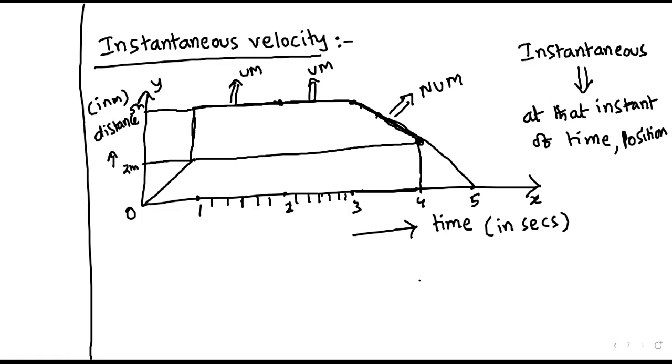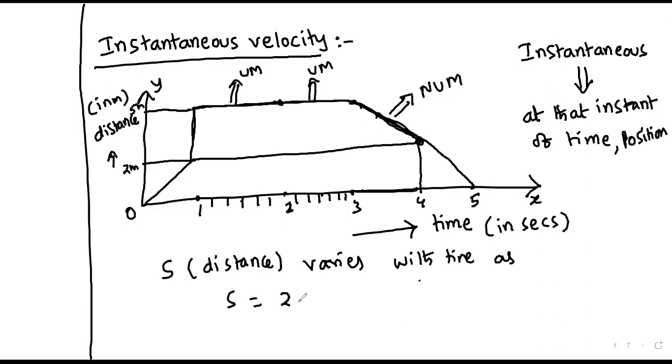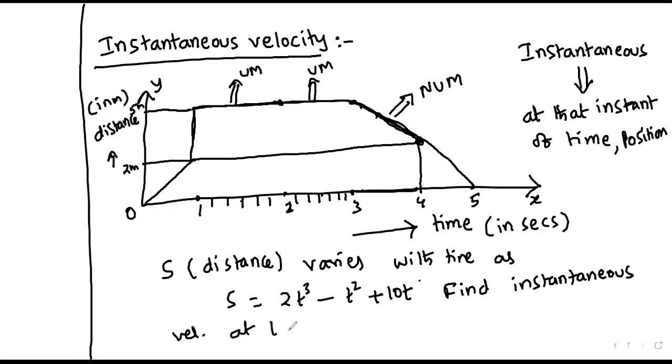So in the question, they will give that if the distance, or displacement, varies with time, as an expression like 2t cube minus t square plus 10t, find the instantaneous velocity at t equal to 2 seconds.